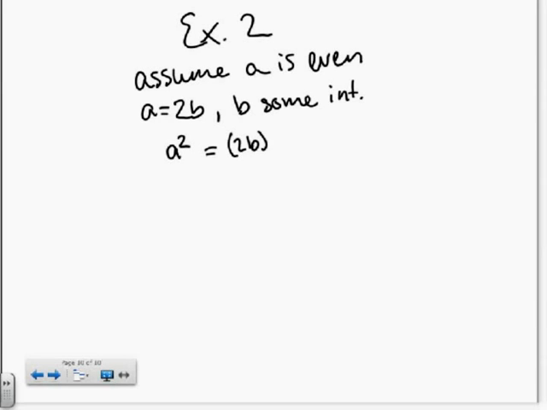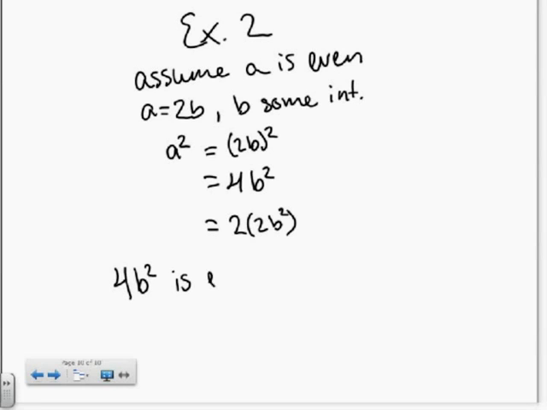This is equal to 4B squared. 4B squared is a multiple of 2. And so that is equal to 2 times the quantity 2B squared. Since it is a multiple of 2, it is an even integer by definition.